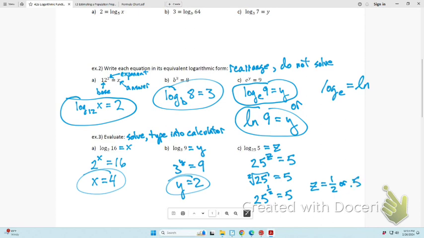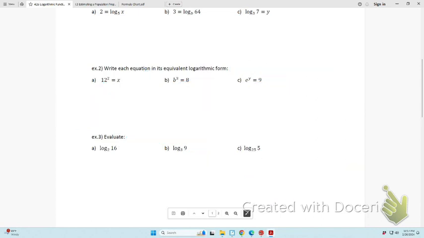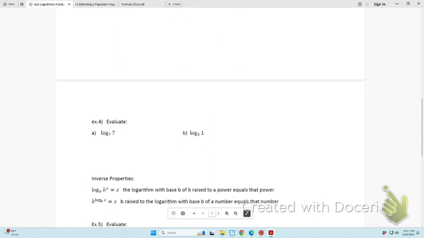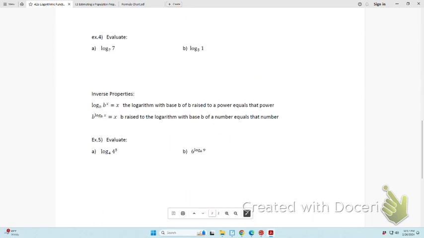That's what your calculator gives you. So feel free to type it in. If you can't do it in your head, no worries. I'm not grading work on these on number 3. All right? Okay, moving on. These also you could do in your head or type in, and this would be 7 to what power equals 7?